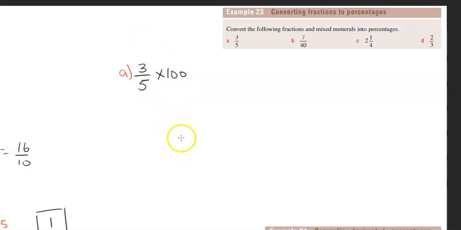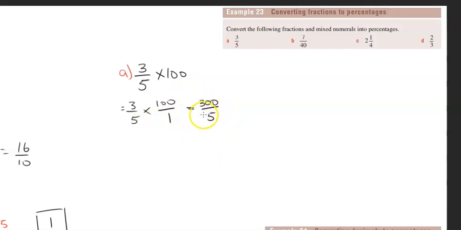So 3 over 5 times 100. Remember, this is the same as 3 over 5 times 100 over 1. Now 3 times 100 is 300, and 5 times 1 is just 5.